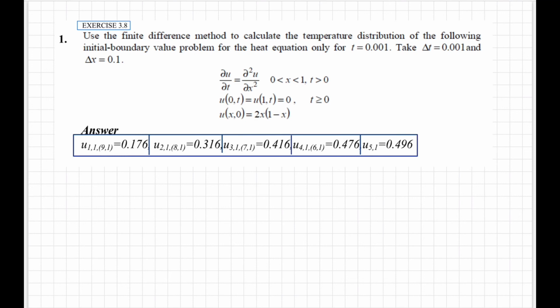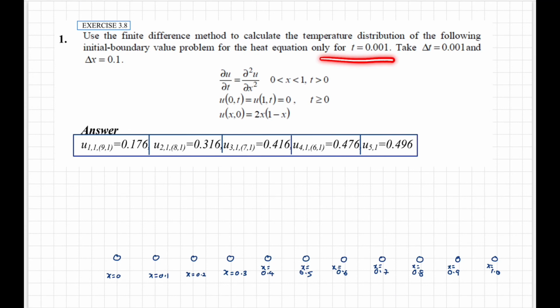So we start with this. Look at this. X is from 0 to 1, with H equal to 0.1. So points here, X equal to 0, X equal to 0.1, X equal to 0.2, X equal to 0.3, 0.4. Okay, and only for T up to 0.001.